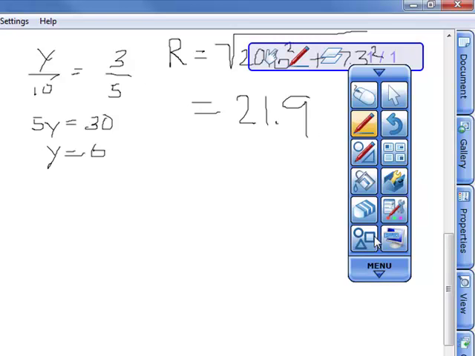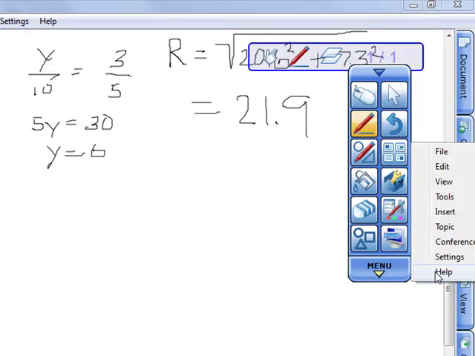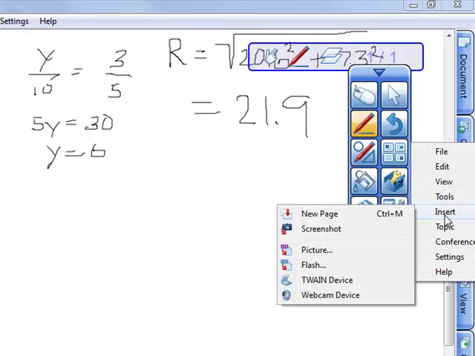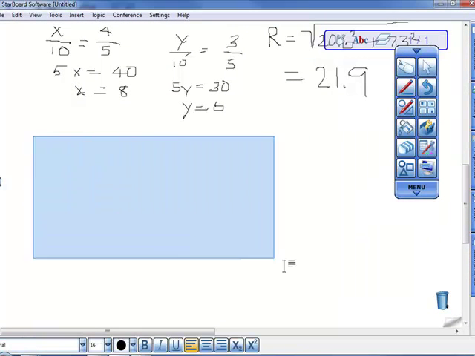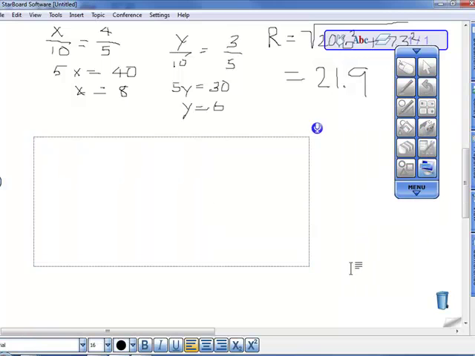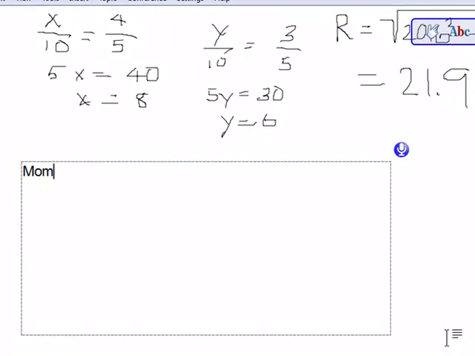Anybody remember what the definition of a moment is? What happens when something has a moment? What's it doing? Moving. Well, it's moving, but what kind of movement?